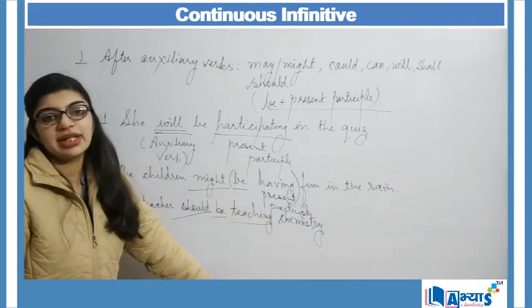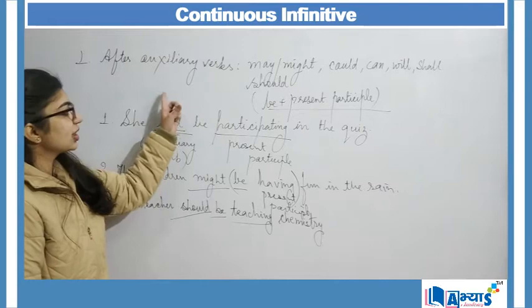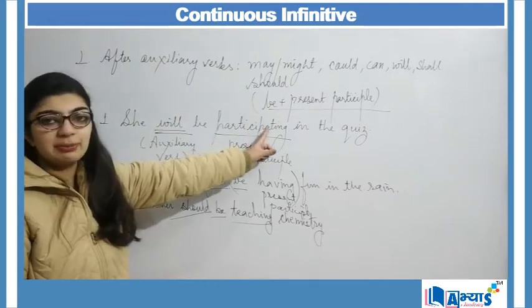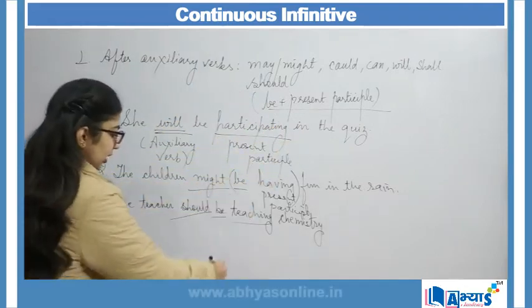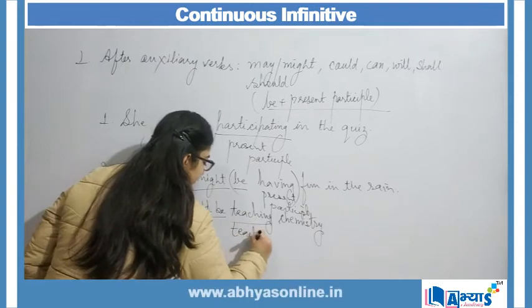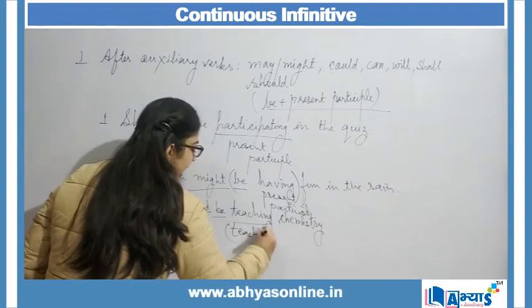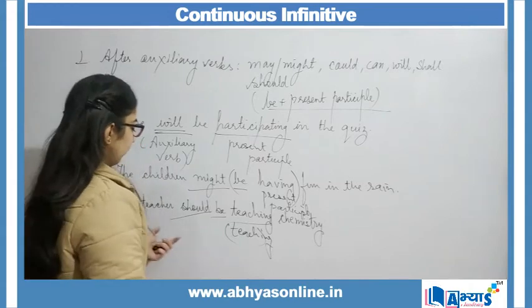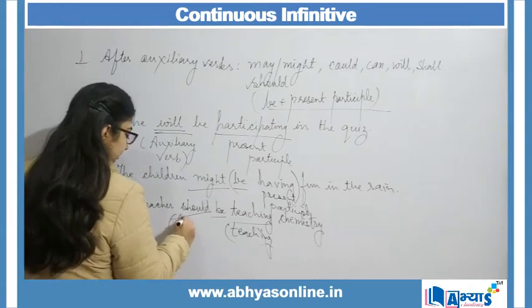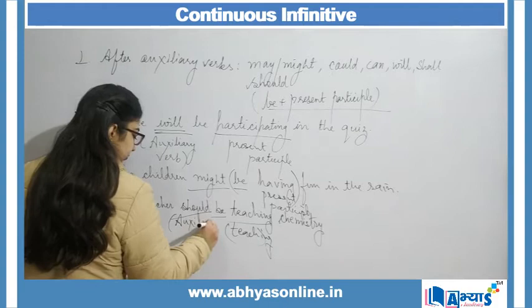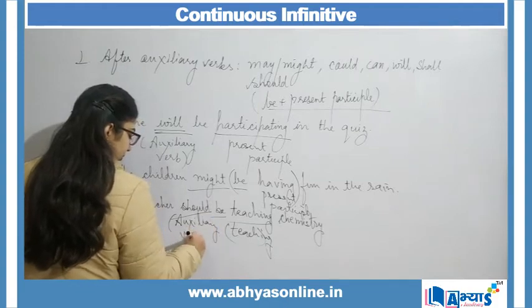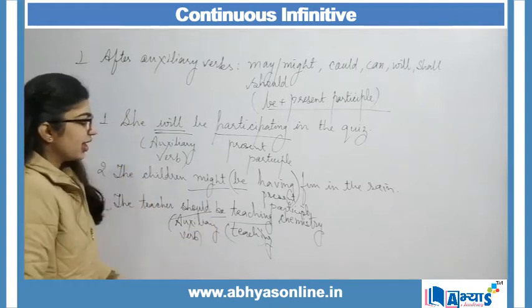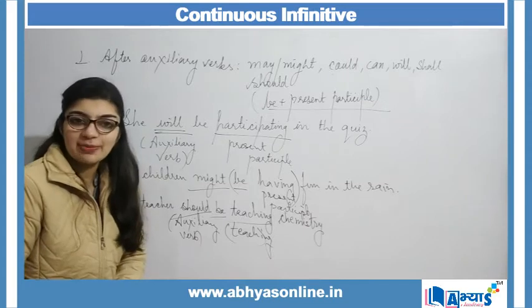Again, this is an example of this application, with an auxiliary verb and be plus the present participle. Here teach is my verb, and when I use ing, it becomes my present participle. Should again is my auxiliary verb. So these three are the examples of my first application.